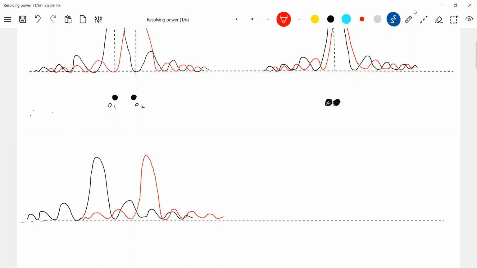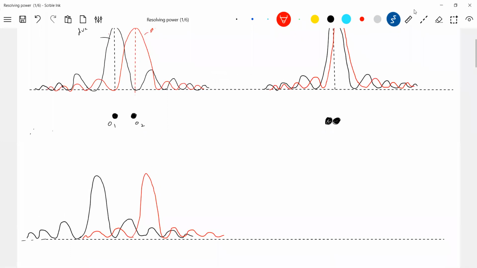That's why I'm taking this one. And the last one. Both will overlap. To show that they will overlap, I'm just putting it like this here.